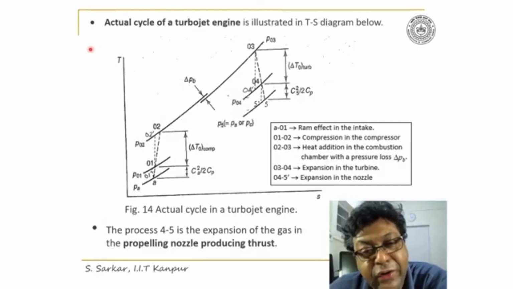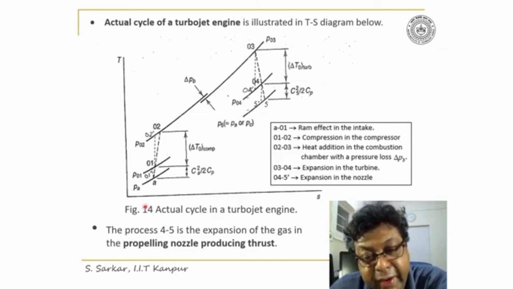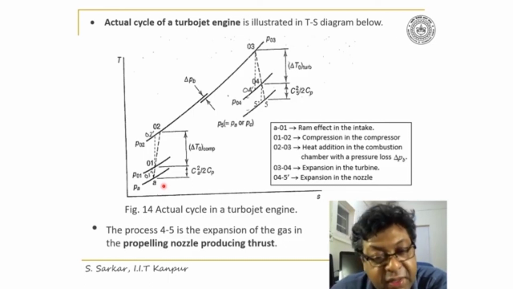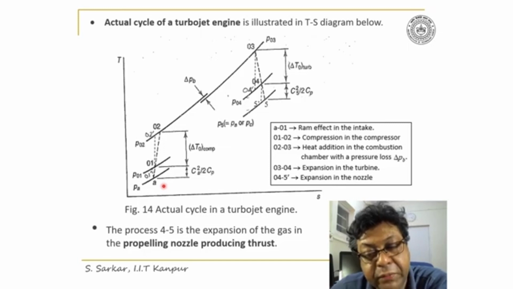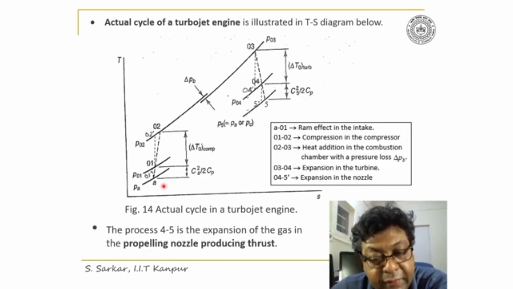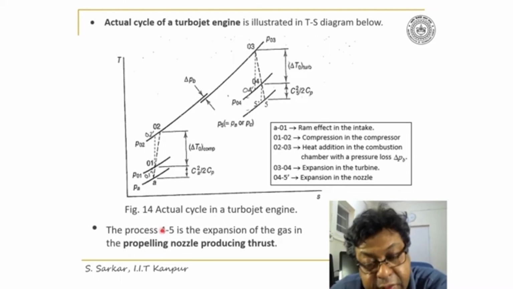The actual operation of a turbojet engine has been illustrated in the TS diagram here by figure 14, where the state point A represents the atmospheric condition, where PA is the atmospheric pressure and the temperature is TA. Now A to 01 represents the ram effect in the intake, where the pressure has increased from PA to P01.